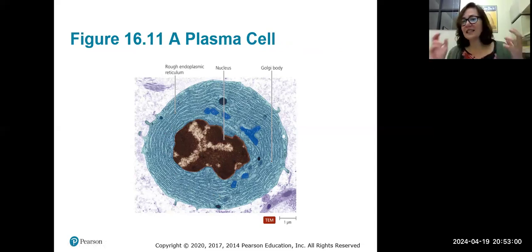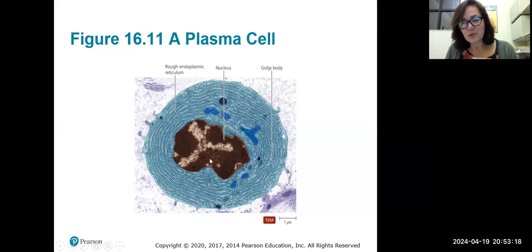And so it needs a tremendous supply of amino acids so it can put them together in the right order, so it can shoot out all of these little protein arrows called antibodies. Just so beautiful.